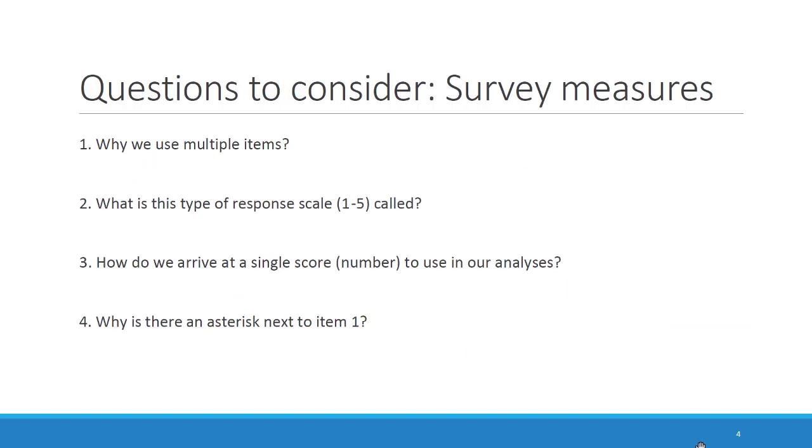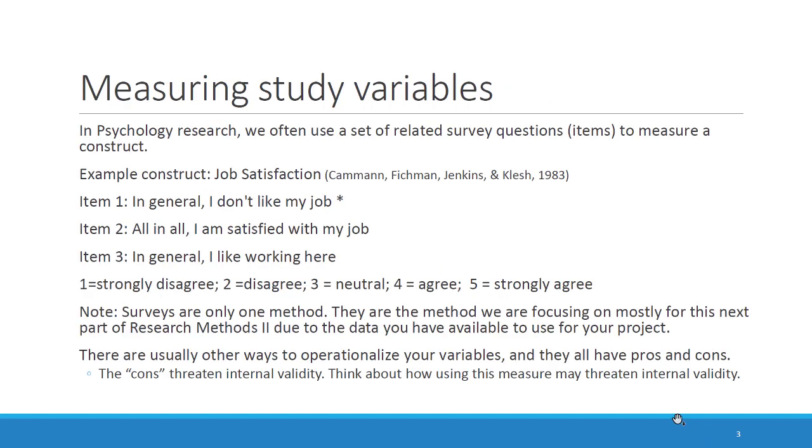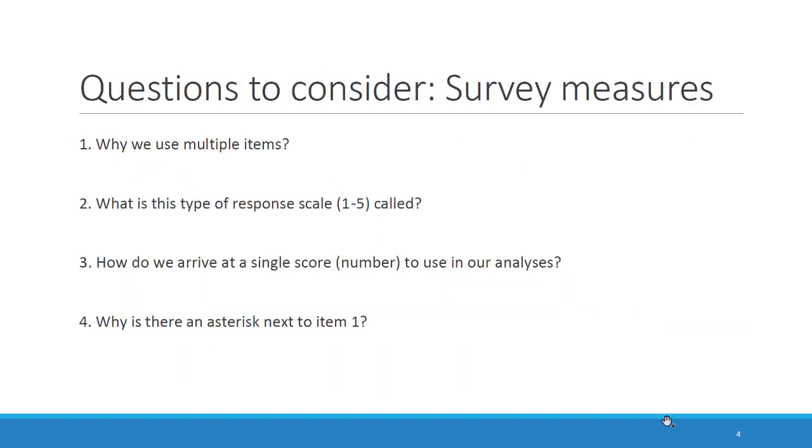So let's think about some questions to consider about survey measures. Number 1, why do we use multiple items or multiple questions? So you can see here on the previous slide that we use 3 questions that are very similar to one another. So why don't we just ask 1 question? Why do we have to ask 3? Well, the answer to that is that we usually think that there is some degree of error or variation in how people are answering the questions.